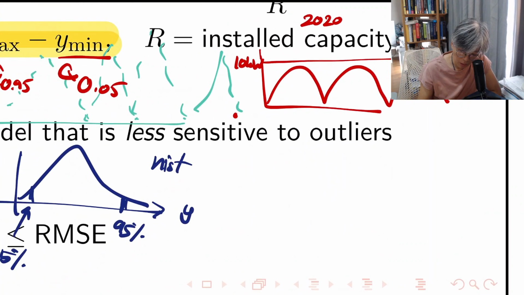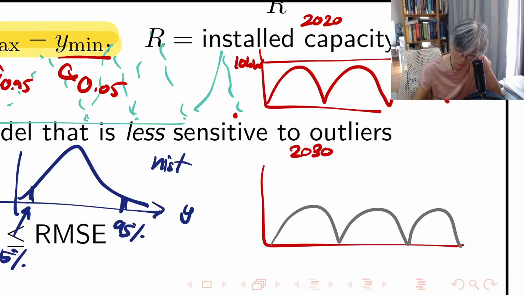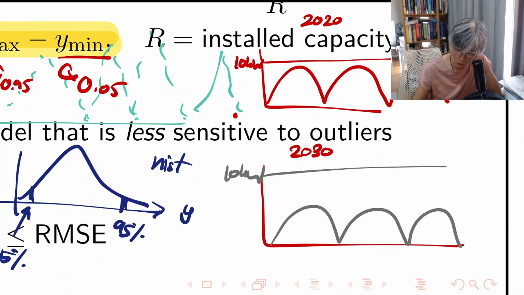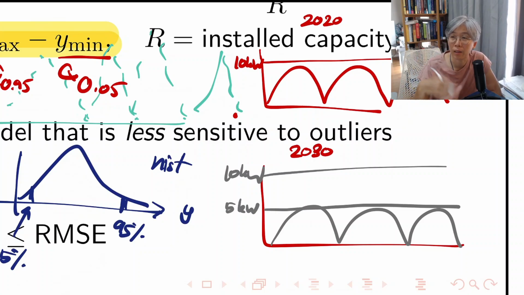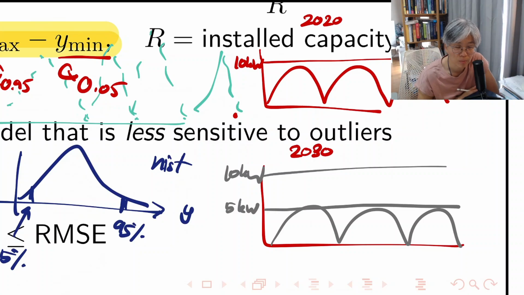However, many years pass by, suppose we're at 2030, and by then your solar panel has degraded. The rated capacity is still 10 kilowatt, but the measured power that you obtain right now is less by a factor of half. It now becomes 5 kilowatt, right?